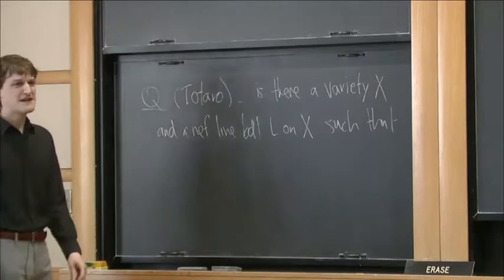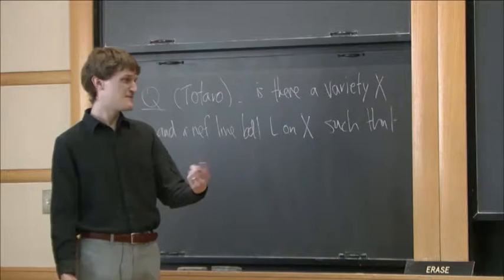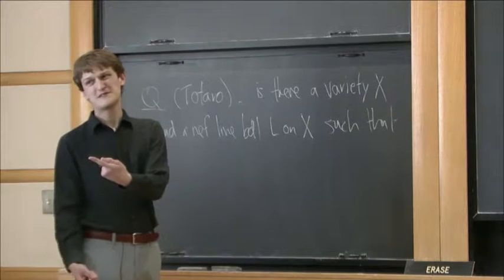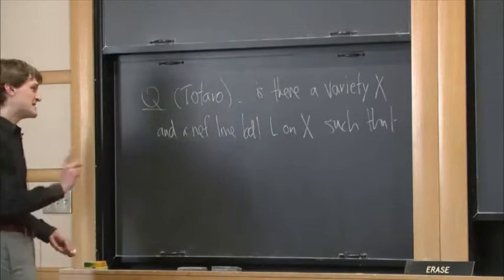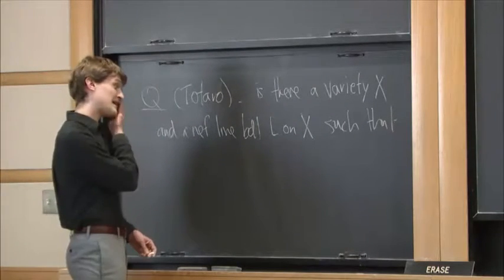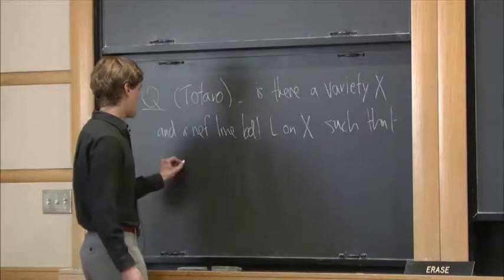Usually if you have a nef line bundle, you might think that if it's 0 on infinitely many curves, it's probably just because it's 0 on some curve that moves in an algebraic family, and so you get uncountably many. So the question is, can it be 0 on a countable set of curves?